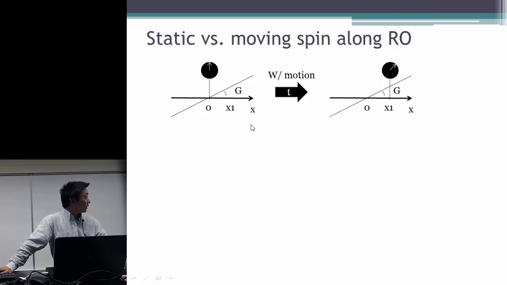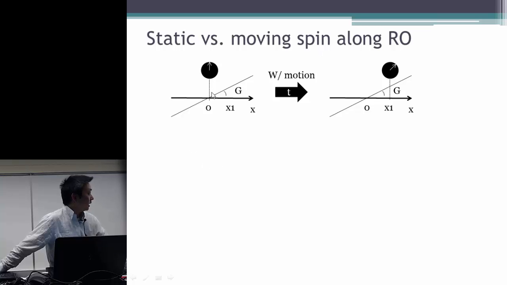So here is the plot that shows the static versus the moving spin. Let's first take a look at the readout direction. For example, if there is a gradient, either a background gradient or an imaging gradient, it doesn't matter, as long as there is a gradient.